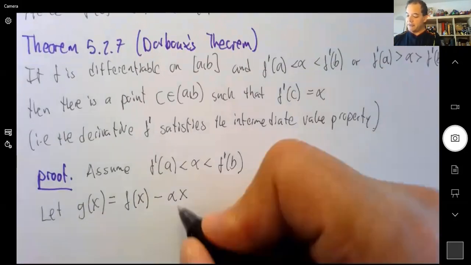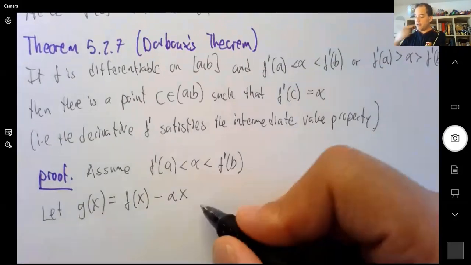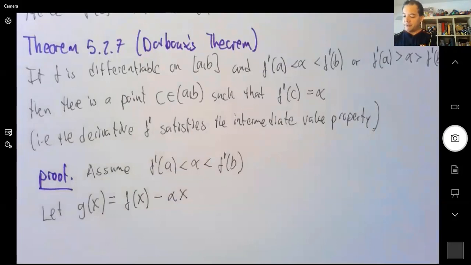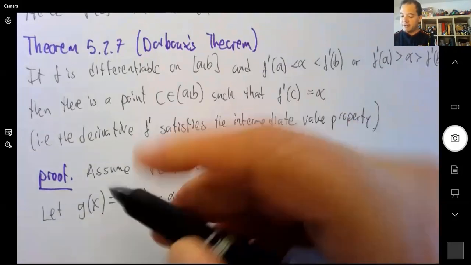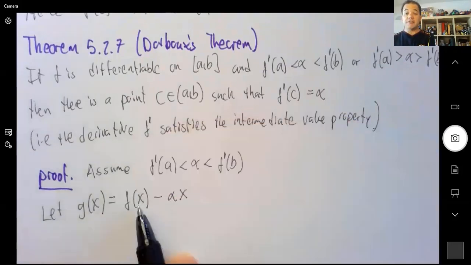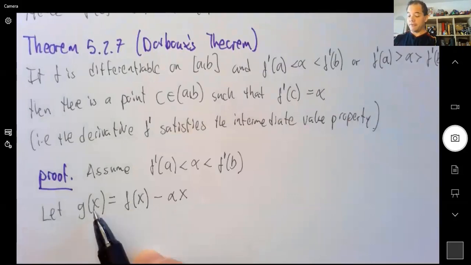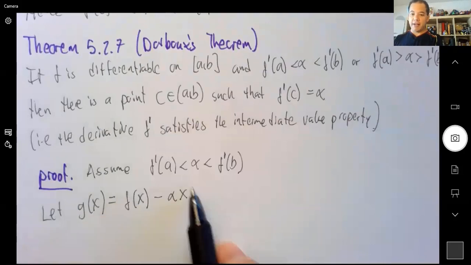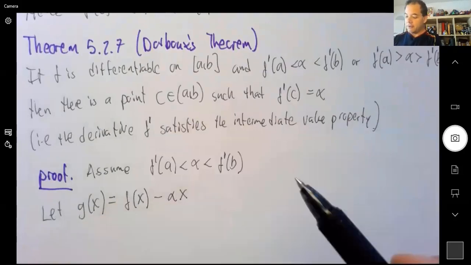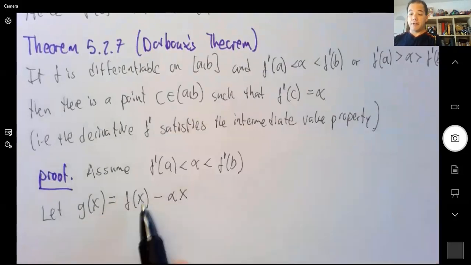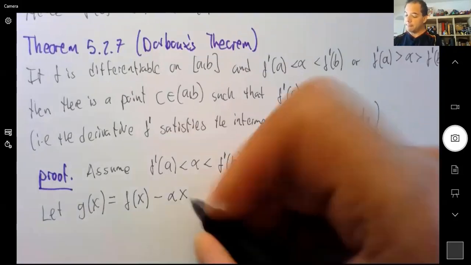Okay, so we created this auxiliary function. Why? Because notice this g is differentiable as well, because f is differentiable, so we can do the derivative here. And this is just a line. A line is also differentiable. And the difference of two differentiable functions is differentiable. So this new function is differentiable.